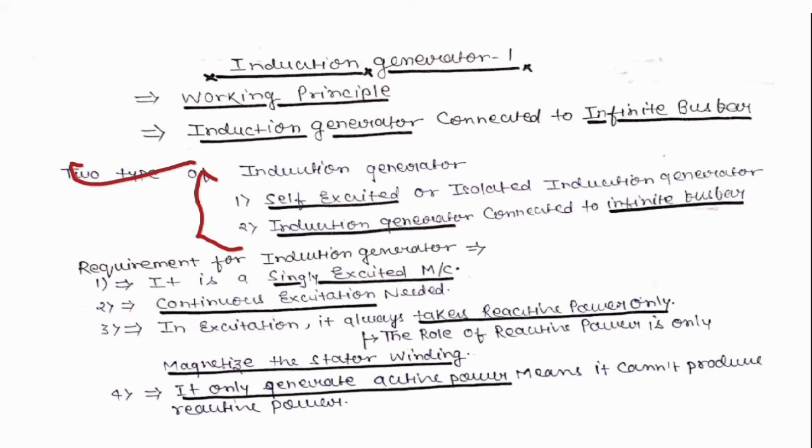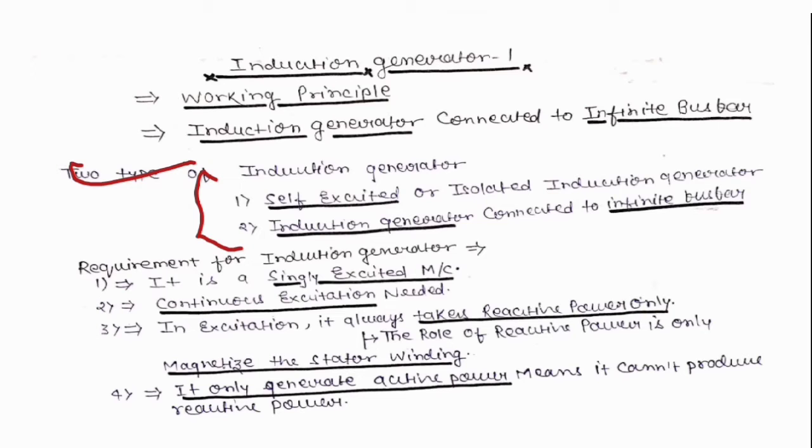The second one is the induction generator which is connected to infinite bus bar. In this case the induction generator is not directly connected to the load. That means the induction generator is connected with the bus bar, and then the bus bar is connected with the load. In this type of induction generator, the reactive power is taken from the bus bar or transmission line alone.